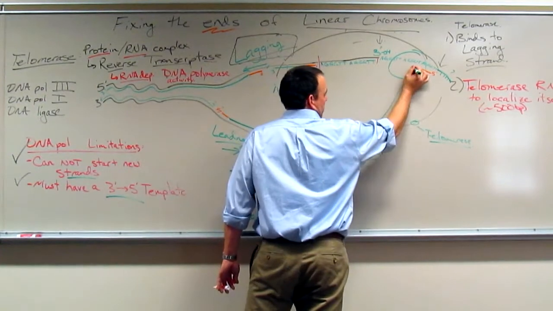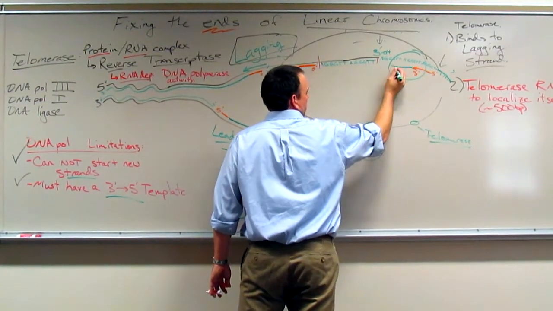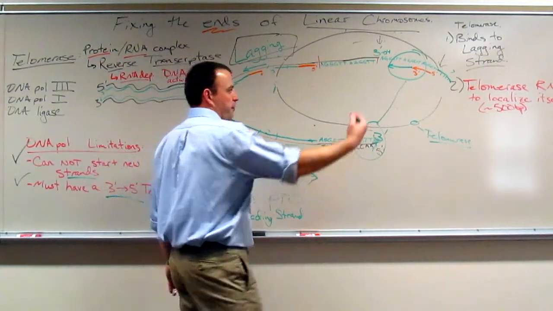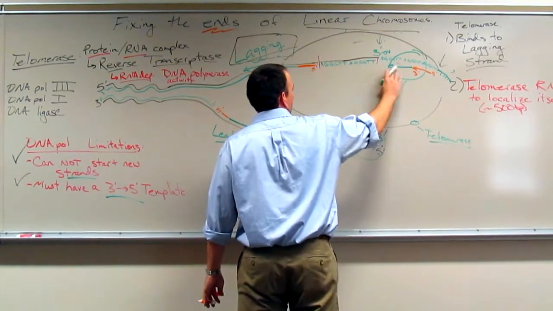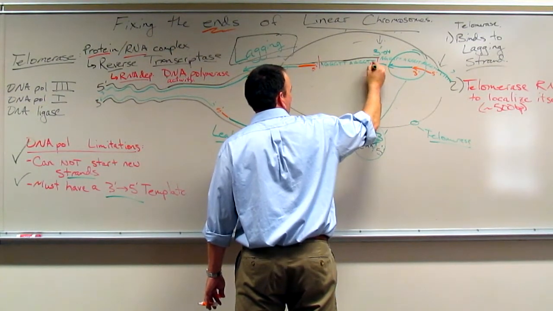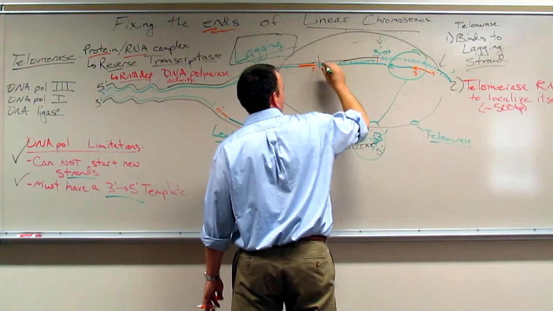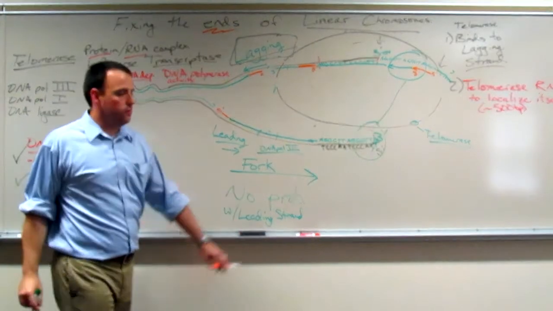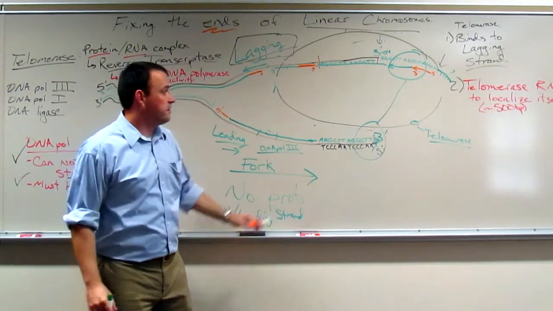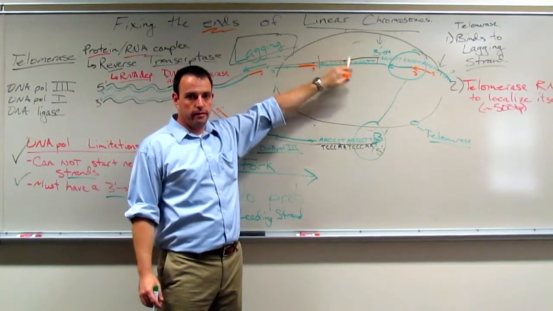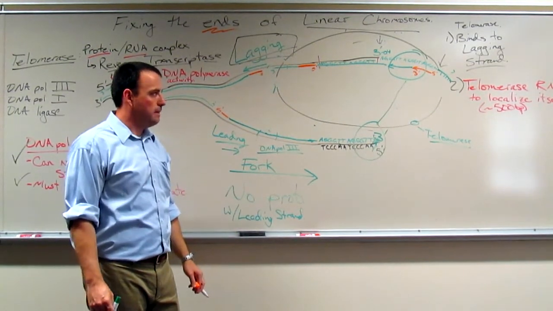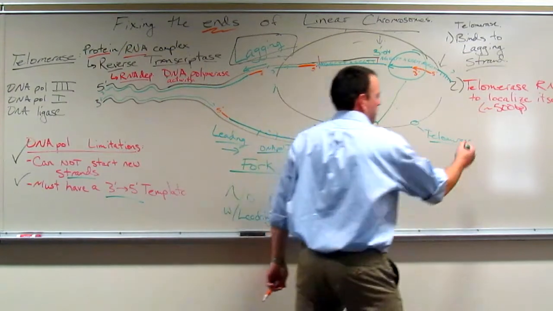So now this DNA polymerase 3 can write new DNA in a 5' to 3' direction all the way back to the previous primer. And at that point, this looks just like a regular replication fork. There's nothing special about it now.